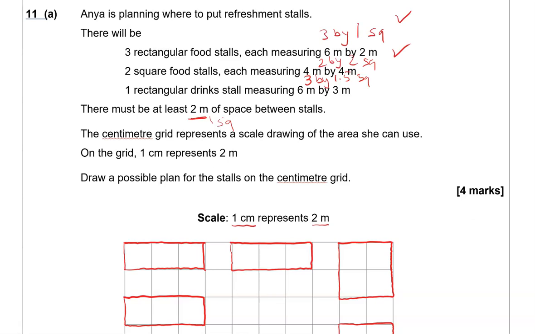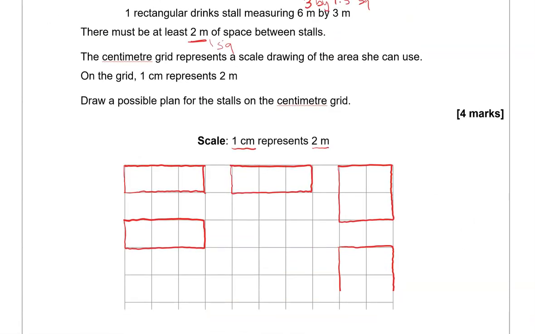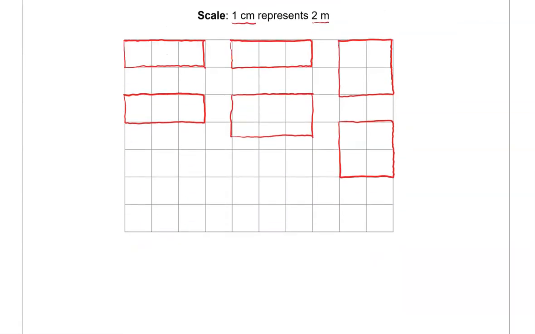And then one rectangular, which is going to be 3 by 1.5. So 3 by 1.5. Also got the 1 square space between them. Of course, you draw them using a ruler, which would be much easier when you do it on paper.